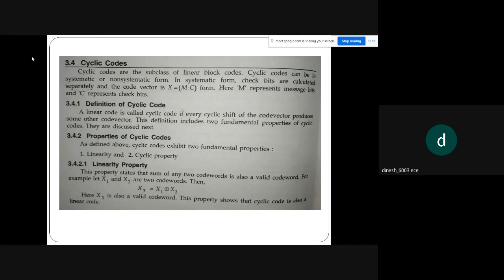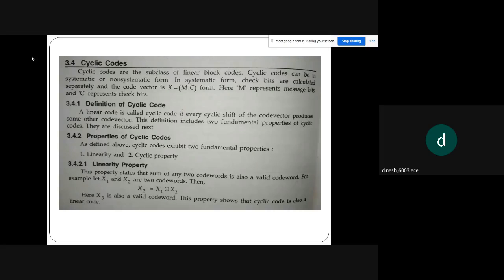Then we had seen the definition of cyclic codes. A linear code is called a cyclic code if a cyclic shift of the code vector produces some other code vector. This is your definition. And the cyclic codes have to satisfy two properties. One is the linearity property, another one is the cyclic property.